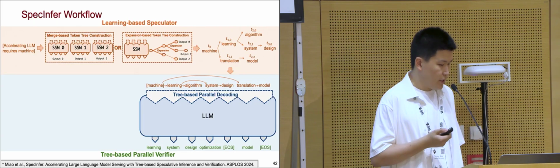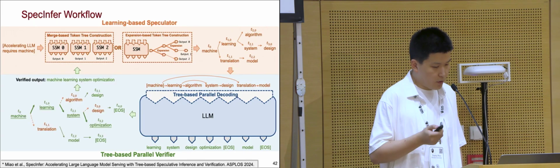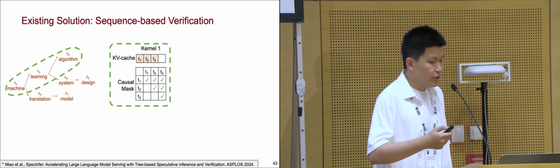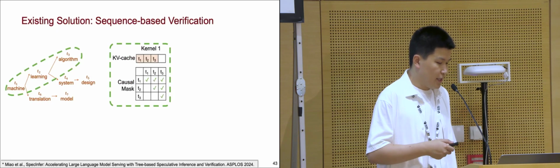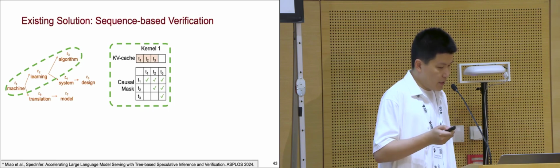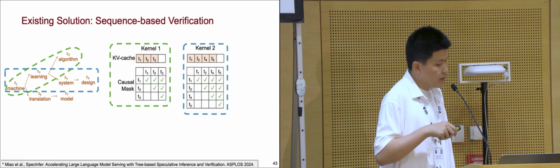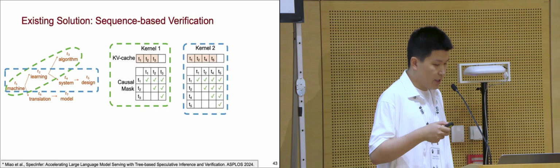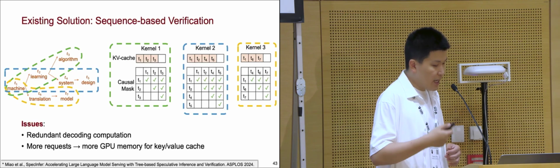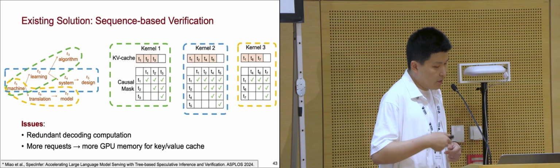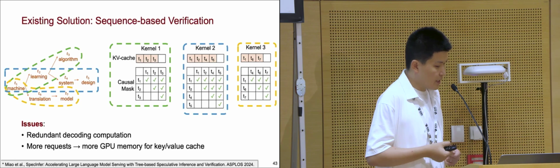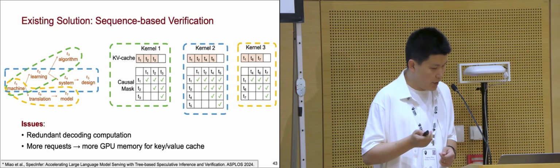Another method is called the expansion-based token tree construction method, which means we can use only a single small model, but during the decoding process, we use a top-K sampling method to track multiple prediction branches. As we can see, when we increase the tree size by increasing top-K from 1 to 5, which means that we select the top 5 candidates at each step using the small model and verify the output tokens, then we can achieve nearly 96% acceptance rates for the next token prediction.